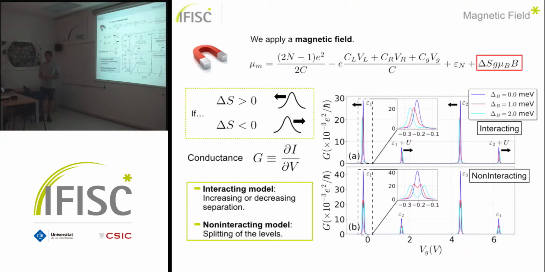So U is very small. Well, it's a molecule. So it's somehow expected that both models, non-interacting and interacting, can give you similar results. Yeah, because of course U is very small. Exactly. That's the reason why we're doing this work.